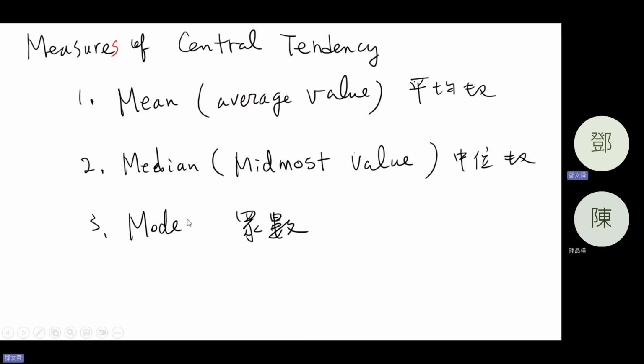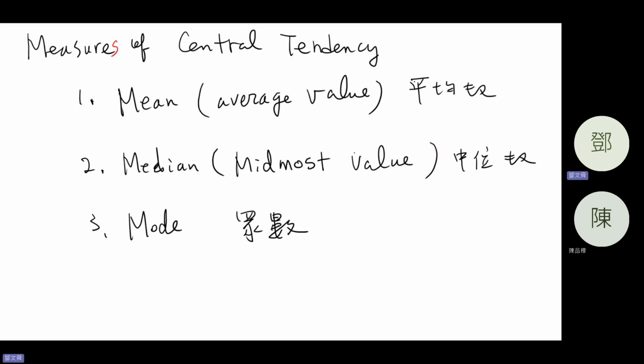Measures of central tendency. You see that? I added an s to the measure. So it is measures of central tendency. How many measures of central tendency here? We see 3 measures of central tendency.